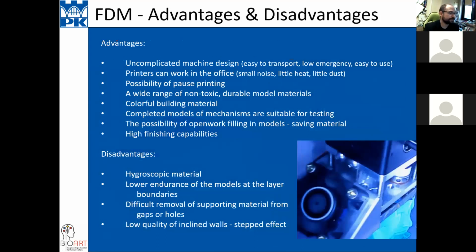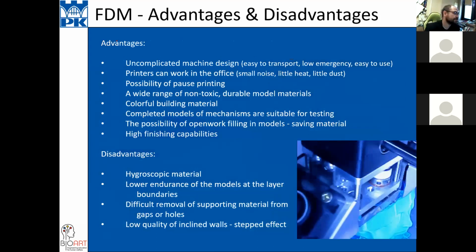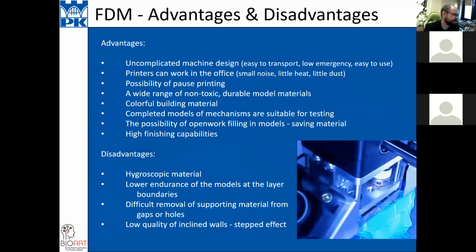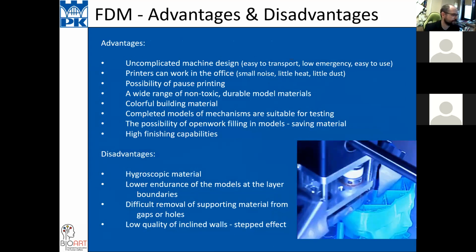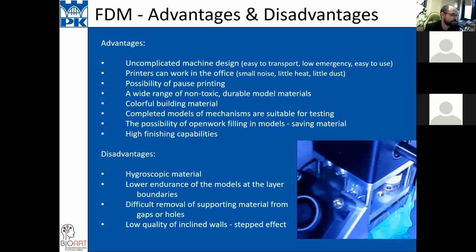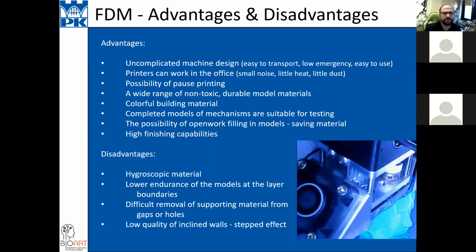But in FDM, of course, we have advantages and disadvantages, and the advantages, I think that you know all of them because it's well known. But the disadvantages: hygroscopic material, lower endurance of the models at the layer boundaries, and difficult removal of supporting materials from gaps or holes. In some cases, it's very difficult to remove.